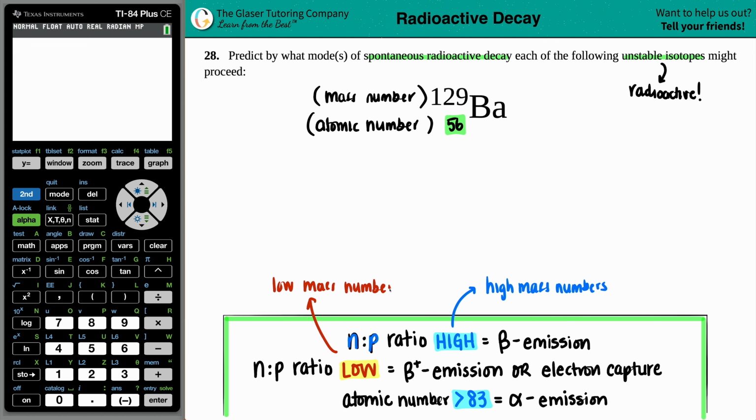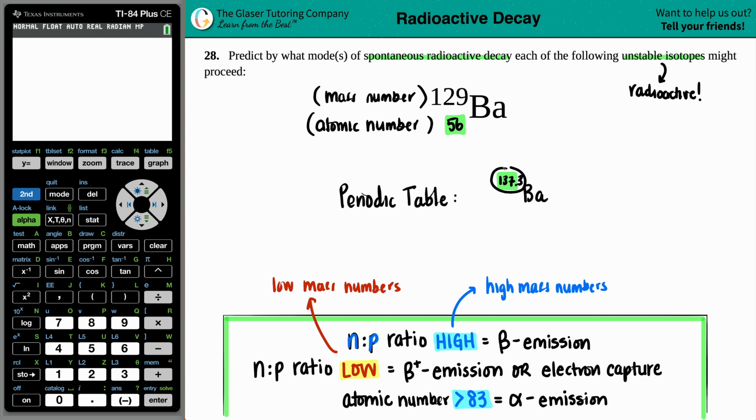But how am I going to know if 129, my mass number, is a low or a high value? Enter the periodic table. On the periodic table, you look for the atomic mass of barium. On mine it gives a decimal, but maybe yours is close to 137.3.